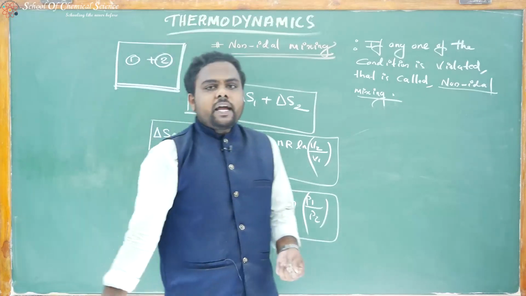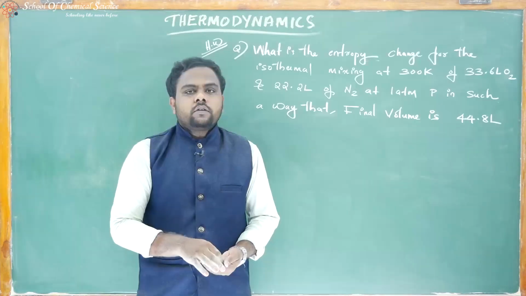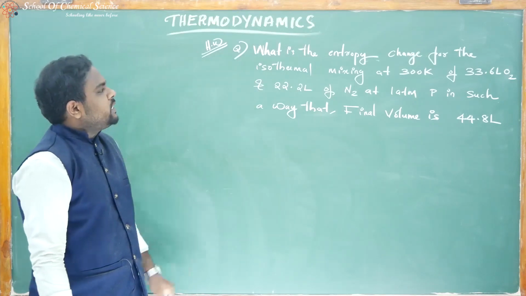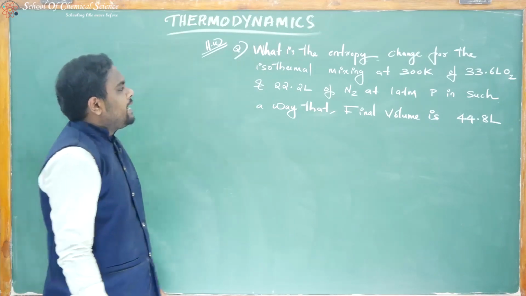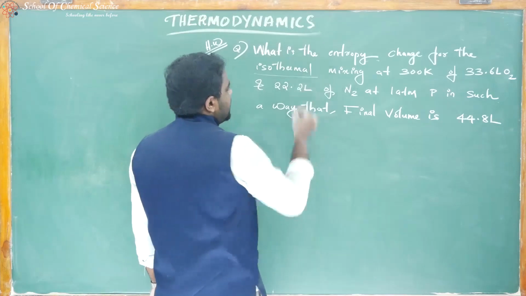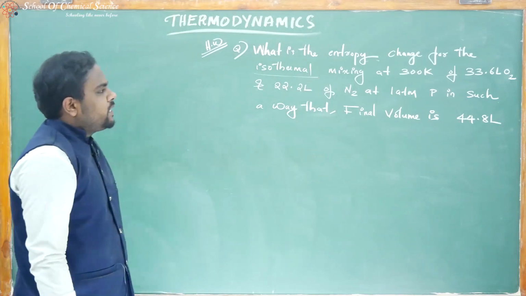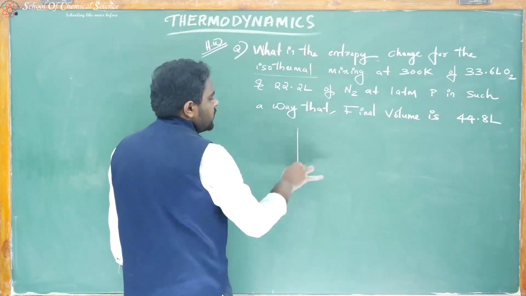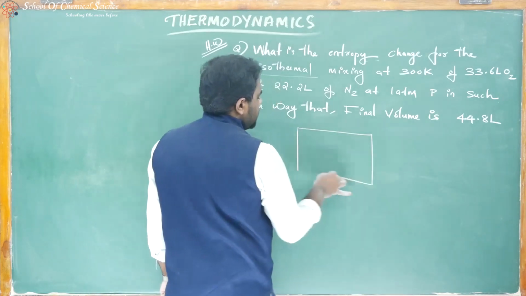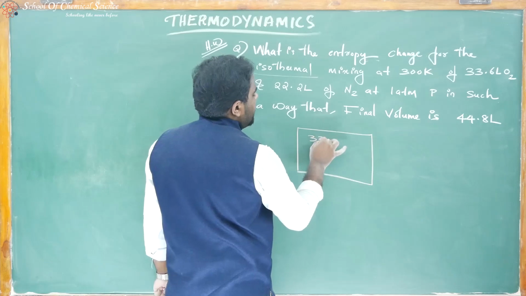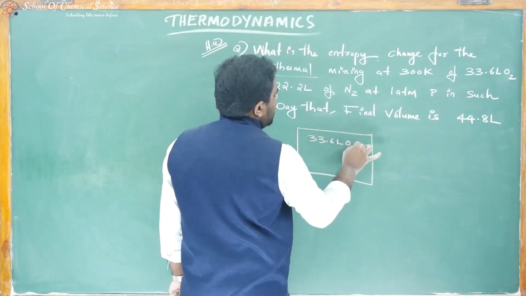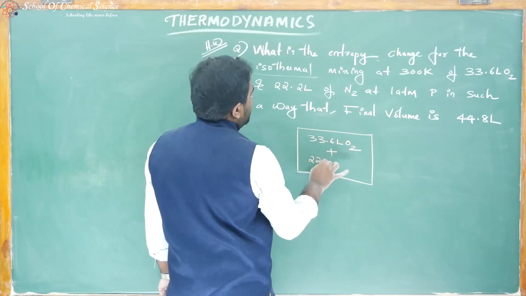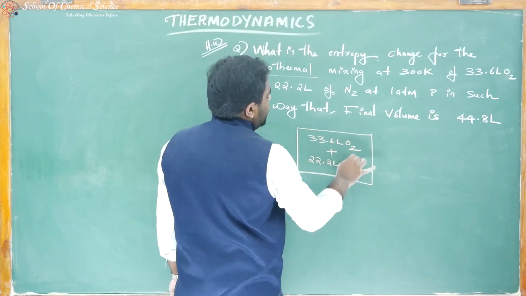So it's a homework question. What is the entropy change for the isothermal mixing? It's an isothermal mixing at 300 Kelvin, mixing 33.6 liter O2 with 22.2 liter N2.